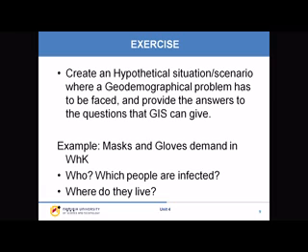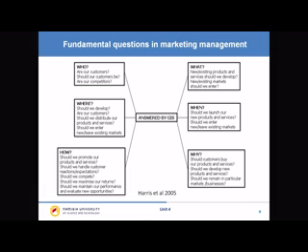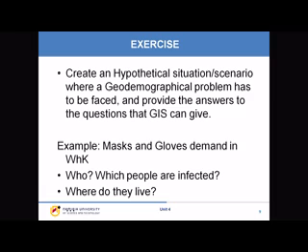For example, those ladies or guys working in a supermarket. So these are the type of people that you need to reach with the product, and then the question should be: who are the potential customers or users, the people working in the supermarkets? How can GIS actually help to protect those people?